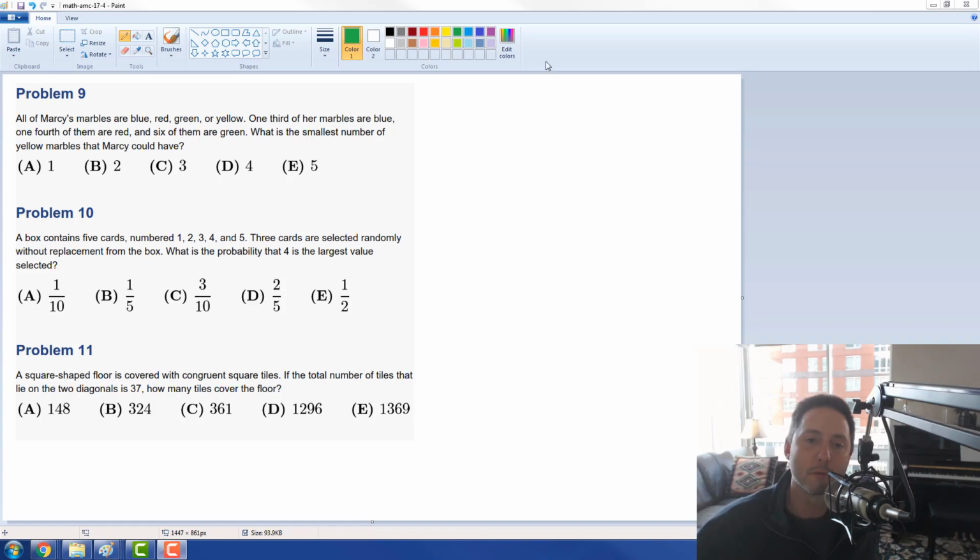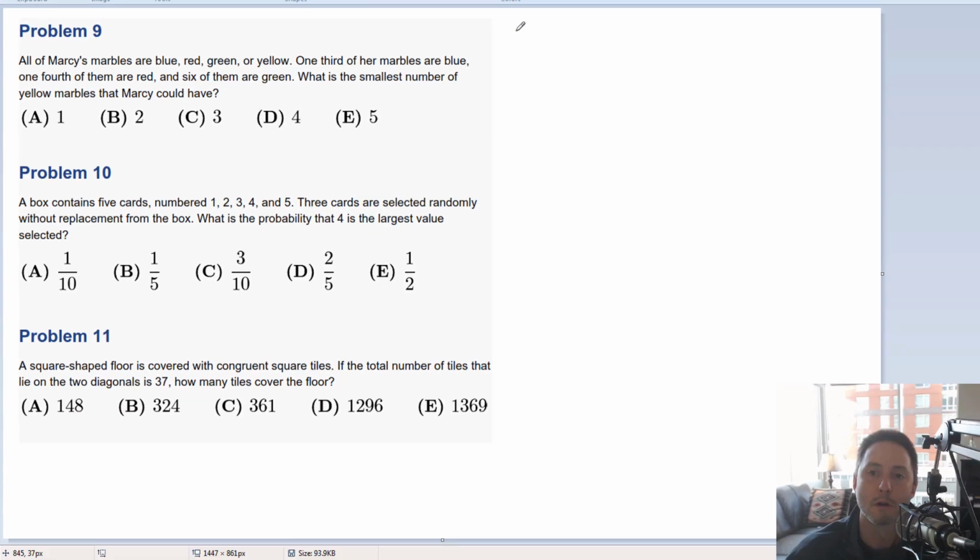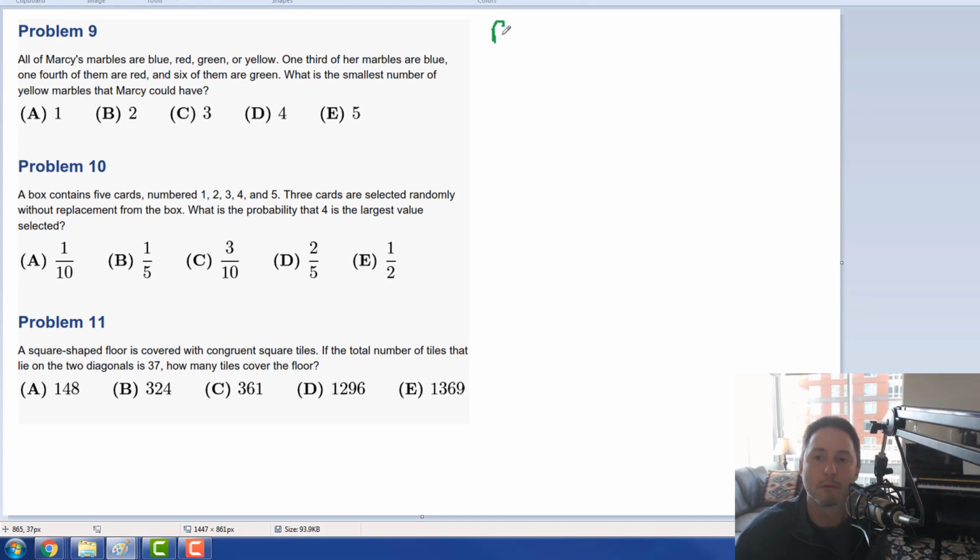All right, all of Marcy's marbles are blue, red, yellow, or green. So we've got blue, red, yellow, and green. 1/3 of her marbles are blue, 1/4 are red, and 6 of them are green.